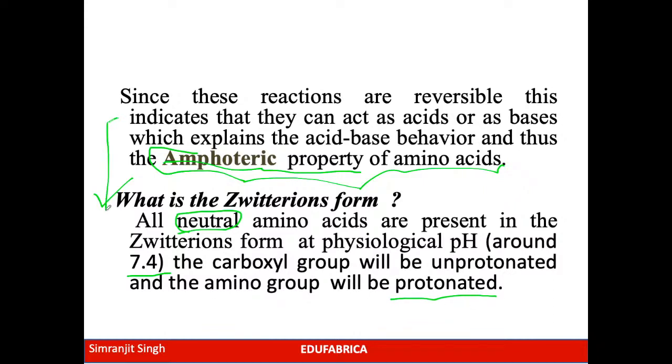Remember the difference between the two. Both terms look similar, but in objective exams sometimes they come. In a question on amphoteric property, they might write the properties of zwitterions, and in a question on zwitterions, they will write the properties of amphoteric property. These terms are meant to confuse.